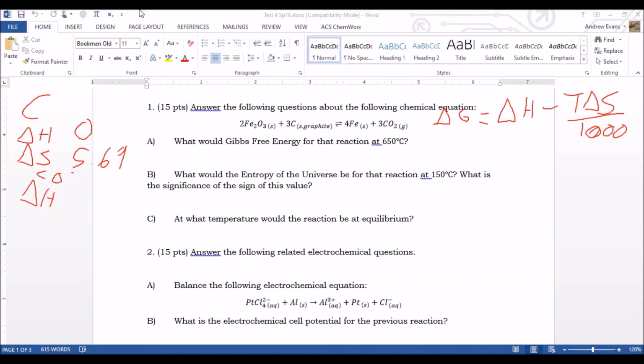I'm just writing them down where they're convenient, in the margins, because I need them. Delta H is negative 393.5 and S is 213.6.